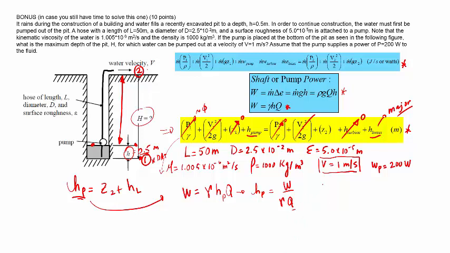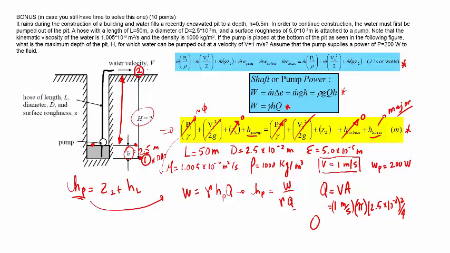So Q equals V times A. So 1 meter per second, and then the area is 2.5 times 10 to the minus 2 squared over 4.